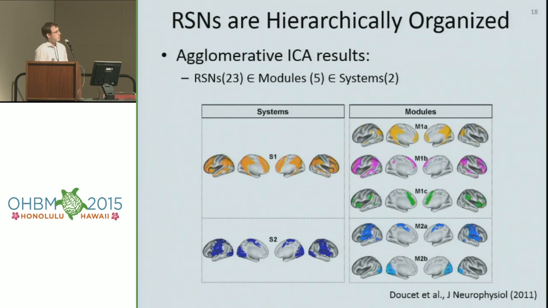For example, region M2 is a large sensory motor region. Visual, M1A is default mode network. And these are further agglomerated into 2 major systems called the intrinsic system and extrinsic system.